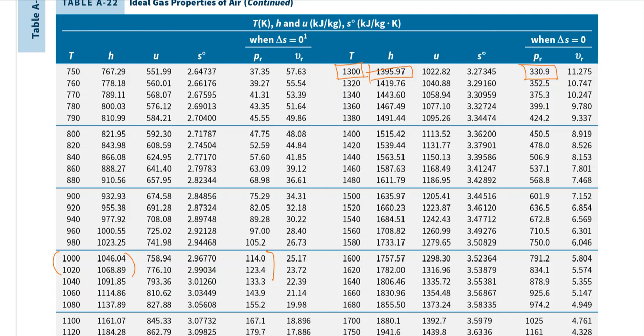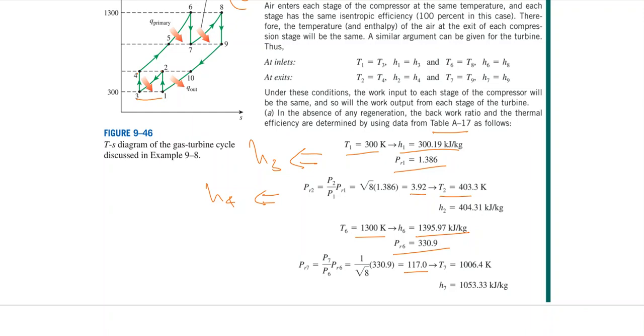So the temperature is somewhere around 1064, a bit less than the middle, when you interpolate, and the enthalpy is 153.33. This enthalpy was found at temperature T7, and it is also the enthalpy at T9 and at T5 as well, as these are perfect reheating.